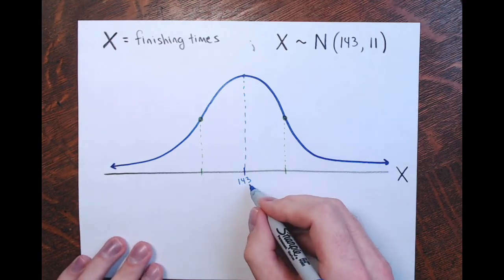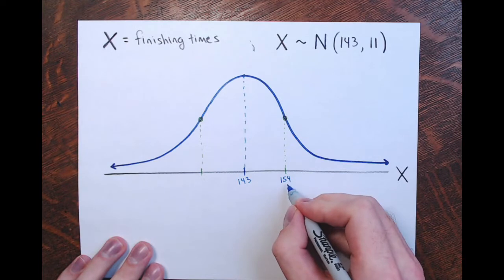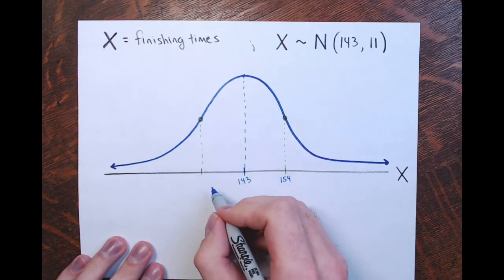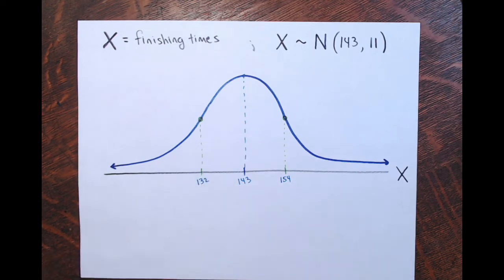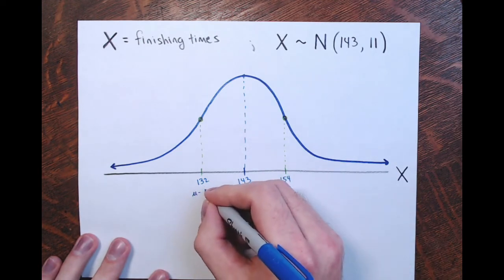So 143 plus 11 is 154. That'd be one standard deviation above, one standard deviation below. 143 minus 11 would be 132. So here's mu plus 1 sigma. Here's mu minus 1 sigma.